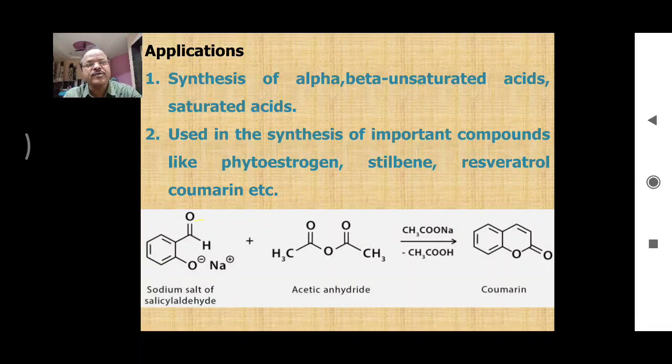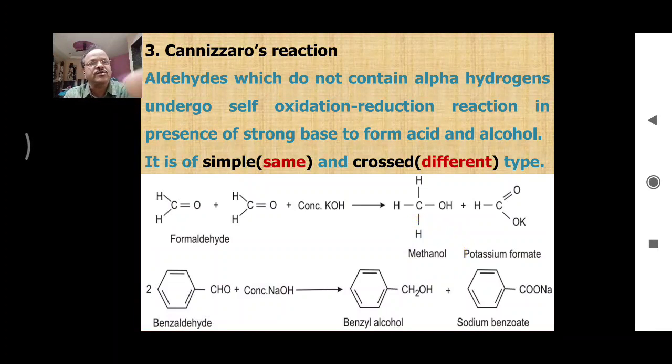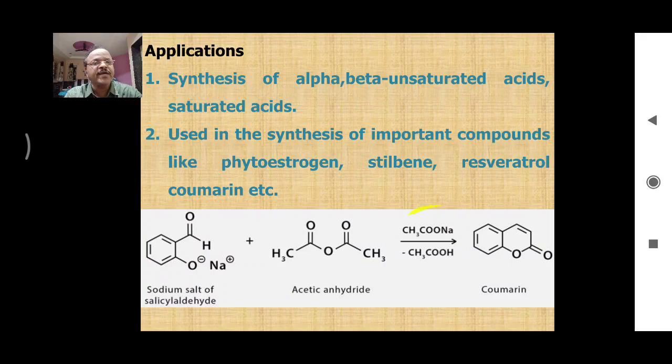The sodium salt of salicylaldehyde on reaction with acetic anhydride in presence of sodium acetate as a base eliminates acetic acid, and there is formation of coumarin, which is an important compound in different syntheses. So this is about the Perkin reaction.